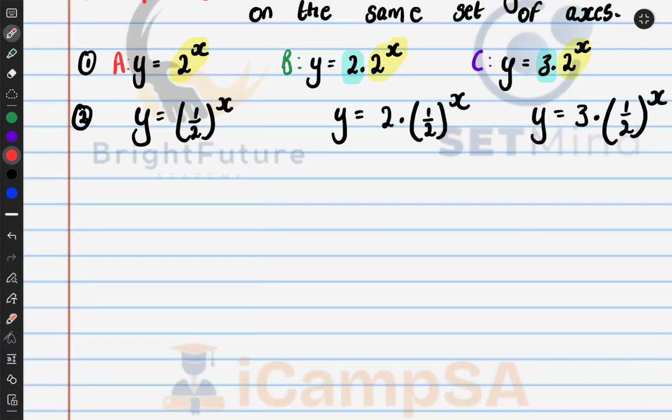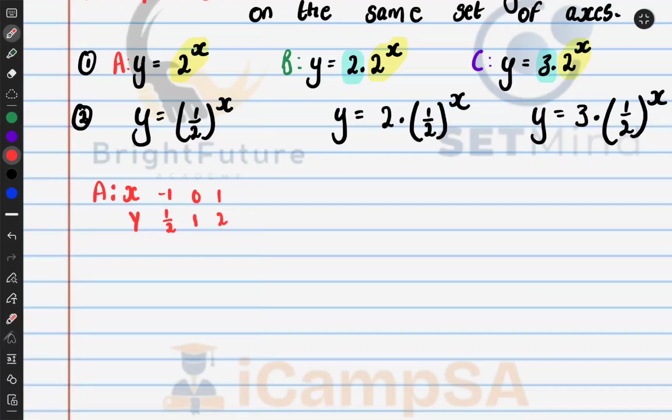For function a, x values, let's go with -1, 0 and 1. Let's find the corresponding y values. Where x is -1, y is 1/2, then 1 and 2. That's your mother graph.